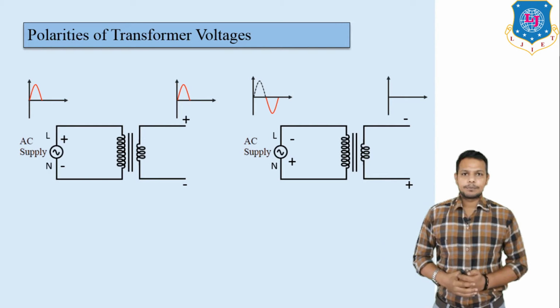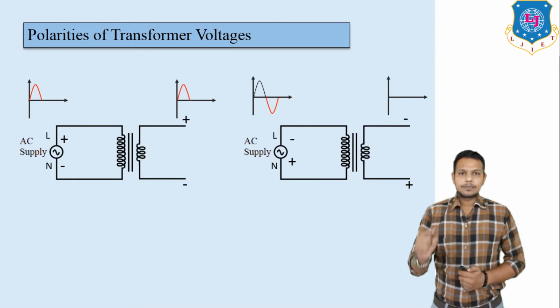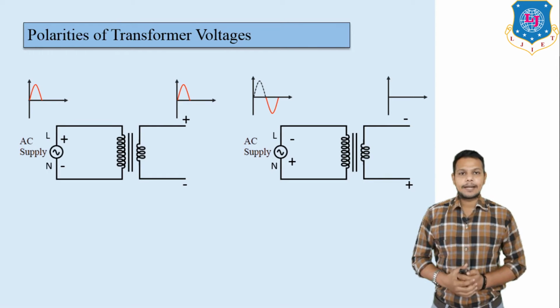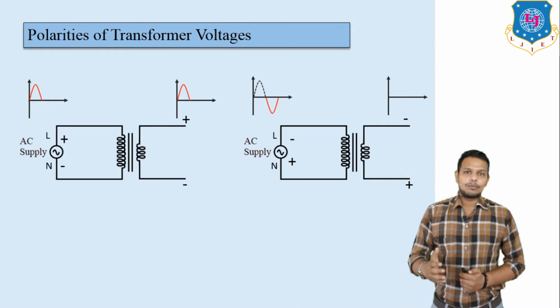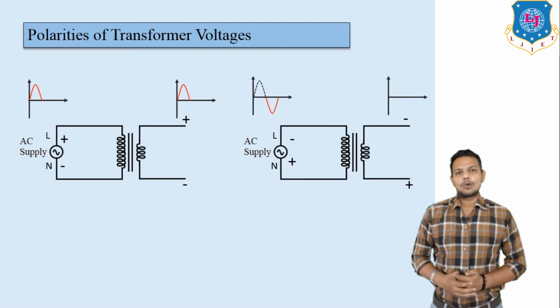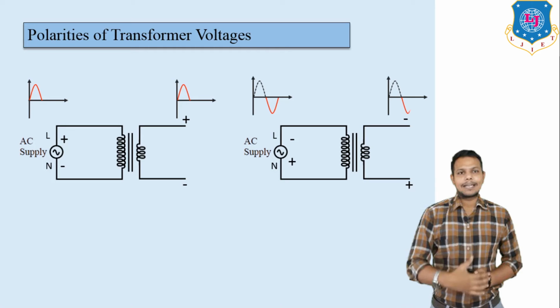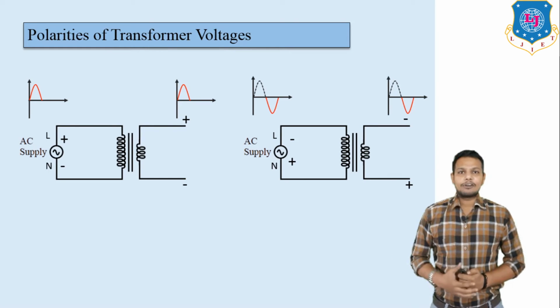Similarly, that polarity is applied to the second winding, the secondary winding. Same polarity means whatever you enter on your input side, you will get the same on your output side. If you enter a negative waveform, you will get a negative waveform from the output side. This is the basic fundamental of transformer voltages.